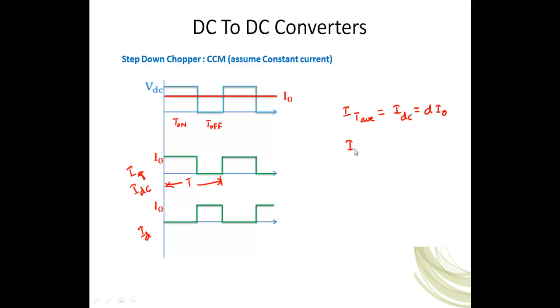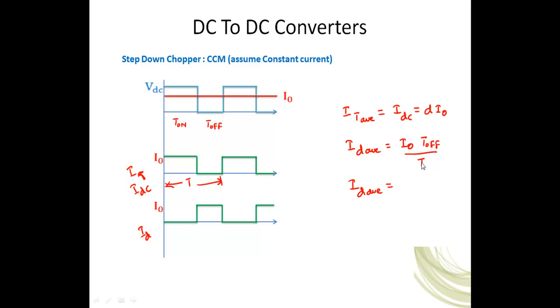So you can see that the diode average current, because these are average values, is total I naught minus the average value of the source current. Or otherwise you can take it as area under the curve, which is I naught into T off divided by total time period. So that can be taken as the ID average value.